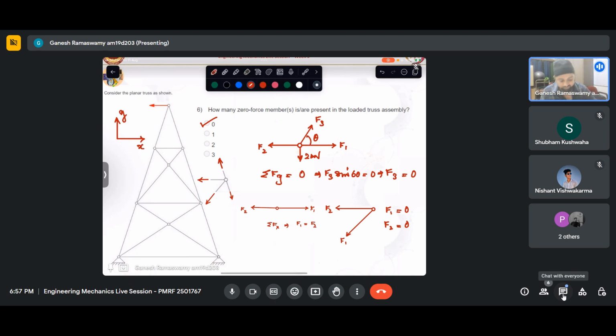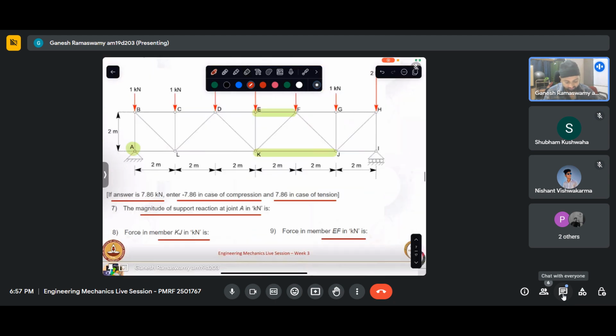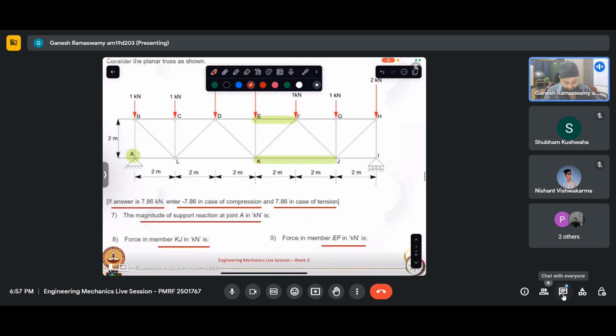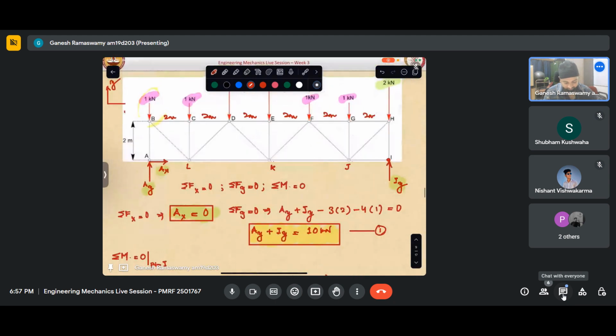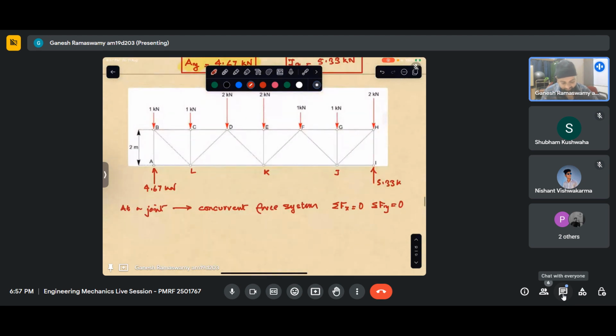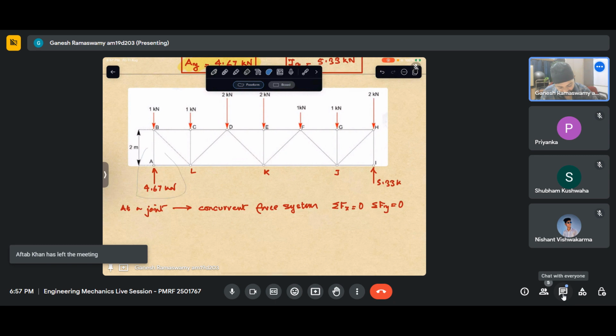So this is an indeterminate problem. However, if I take the present question and cut a section at this joint, I will be able to see that I have exposed two forces and one 4.67 that is already known. So I can directly apply sigma fx equal to 0, sigma fy equal to 0, and I can easily calculate the unknown forces.